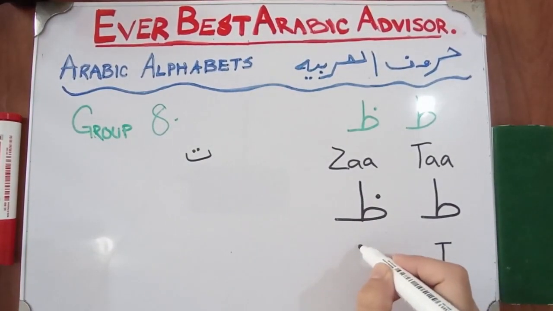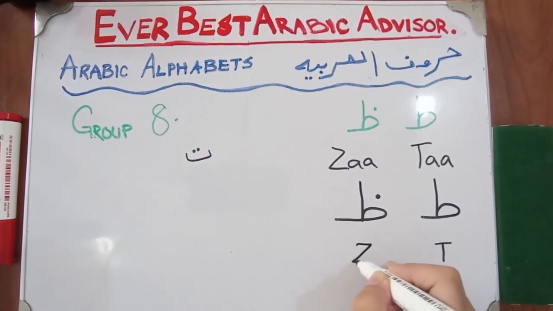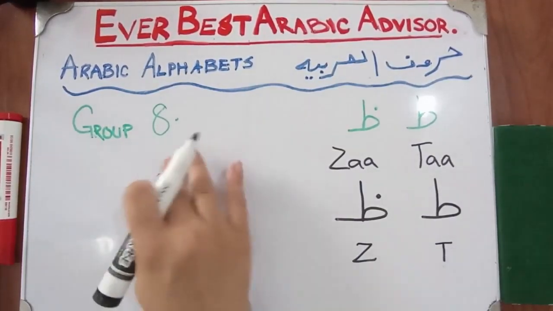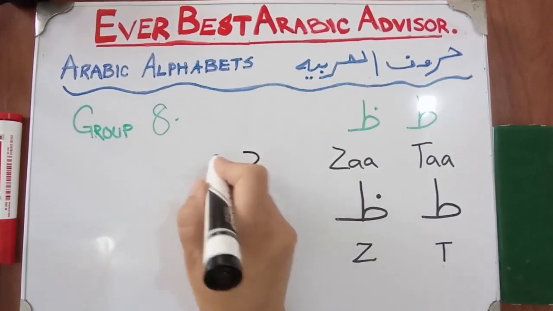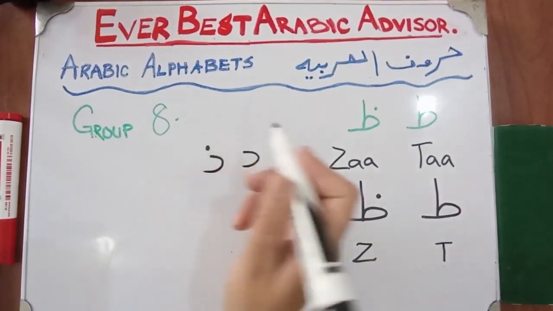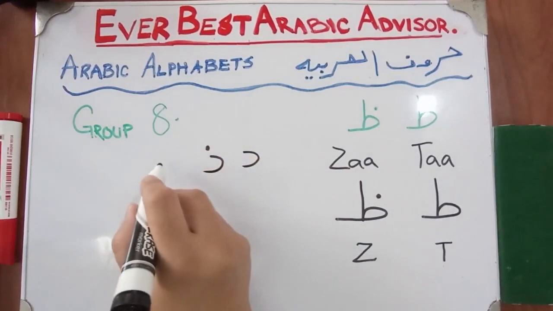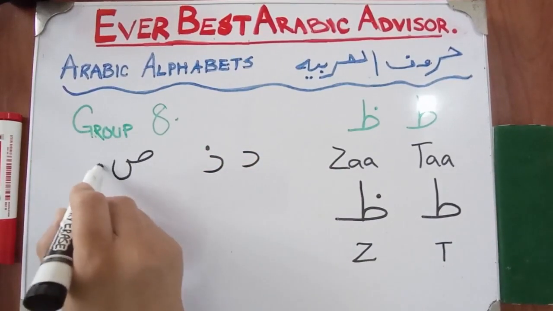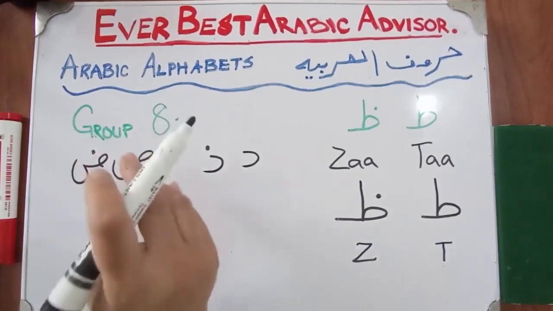And for Zo, it is the letter Z, but the letter Zo is also confused with another letter which we discussed in group number 4, Dal and Zal. And also we discussed in group 7 two letters, Sod and Zod.